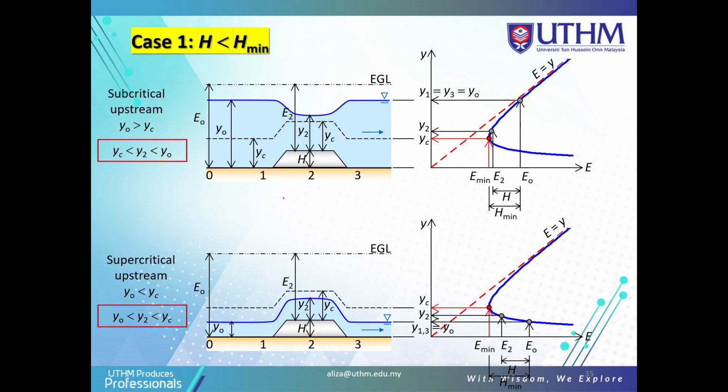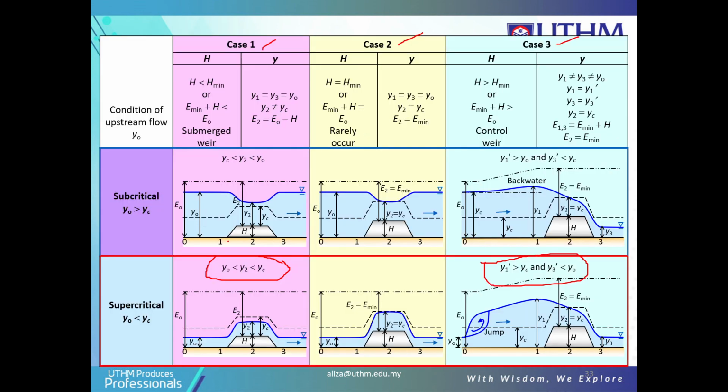Okay, in case 1, if H is less than H minimum, we get subcritical upstream, where yc is less than y2, which is less than y naught.